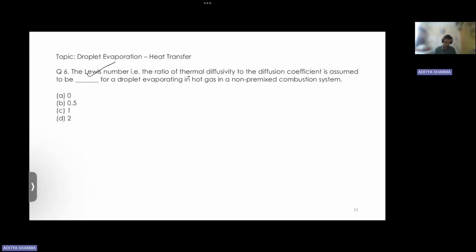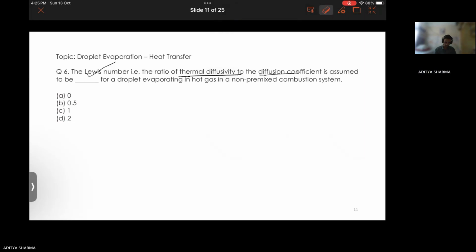This is a ratio of thermal diffusivity to the diffusion coefficient. Is assumed to be dash. Options are given: 0, 0.5, 1, 2.